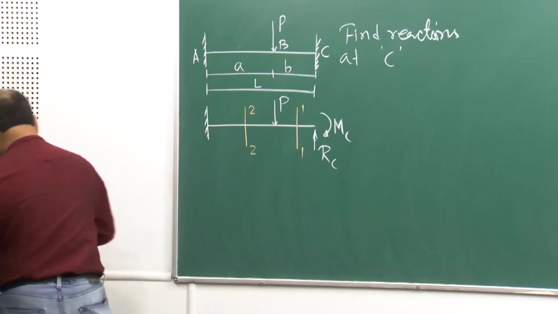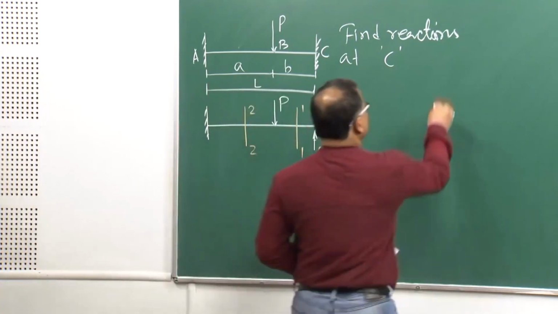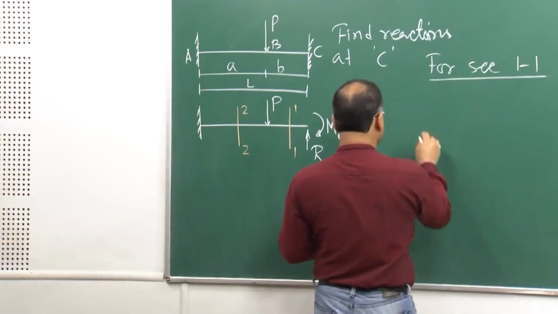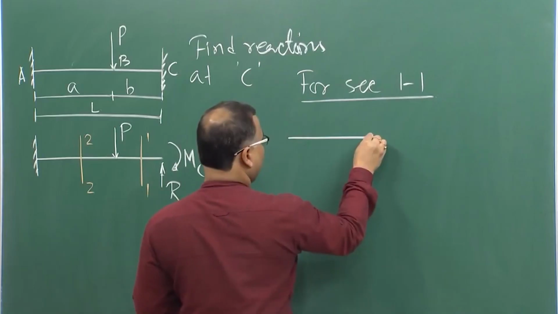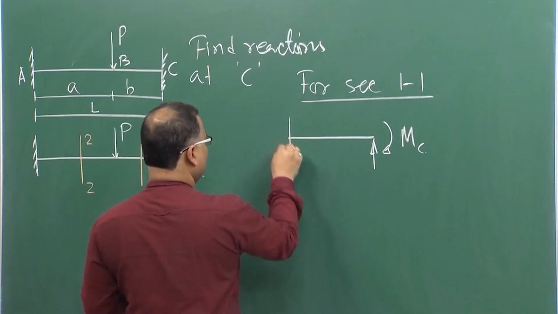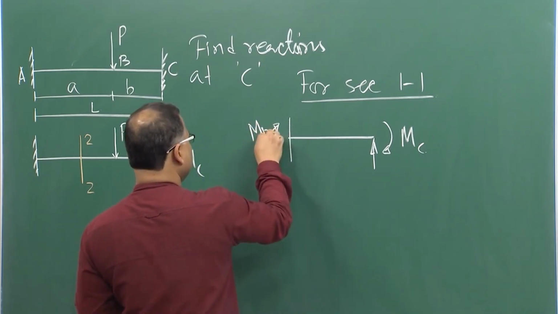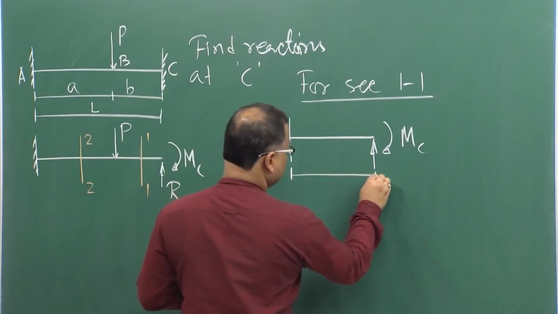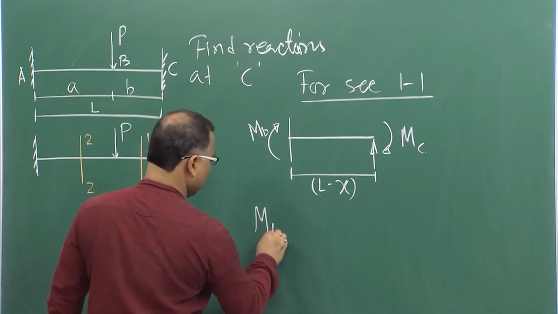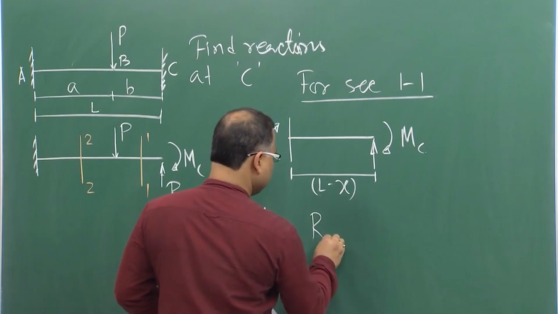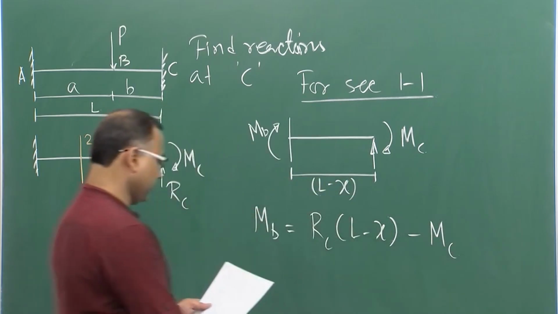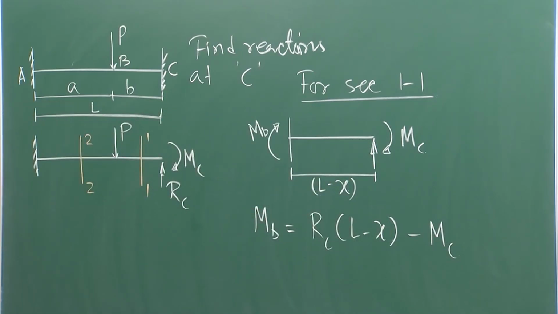Now, for section 1, I can draw the free body diagram like this: RC, MC, and here you have MB. This is the length say L minus x. For that you can calculate MB equal to RC into L minus x minus MC. Up to this no problem.